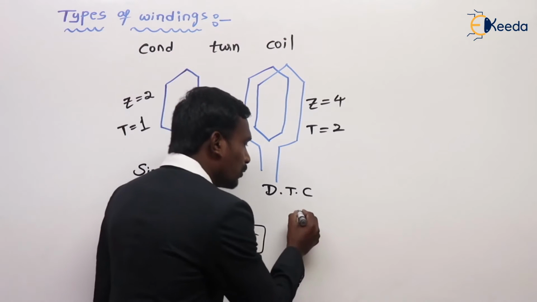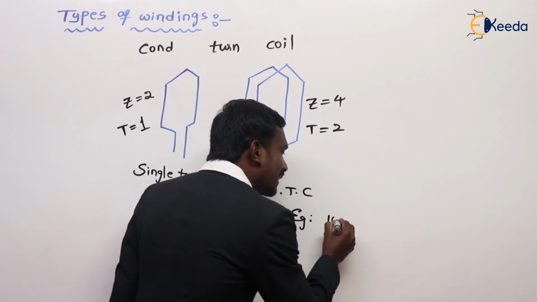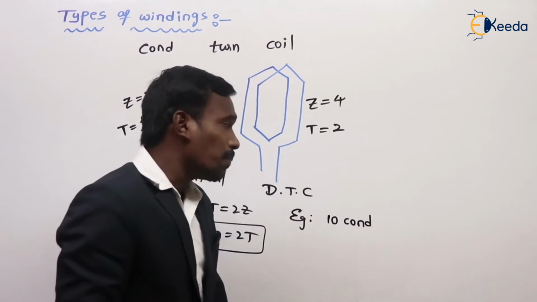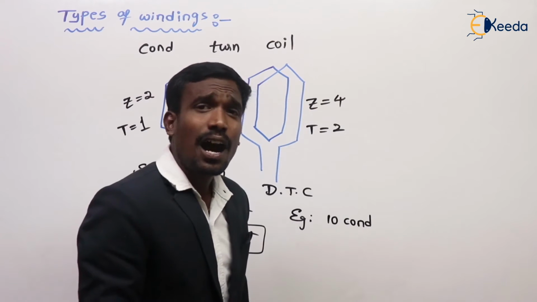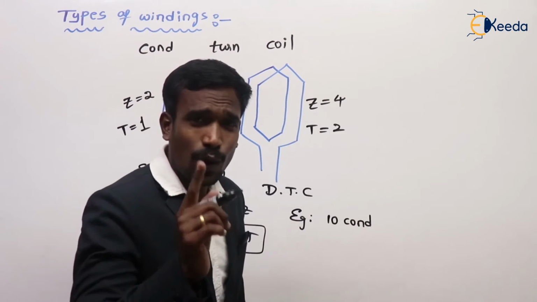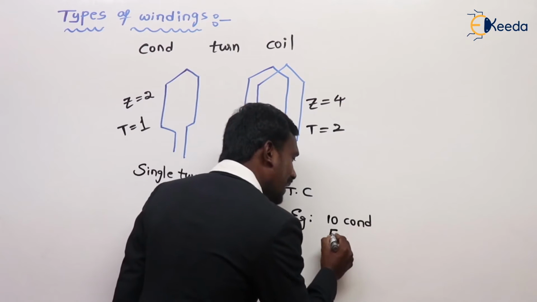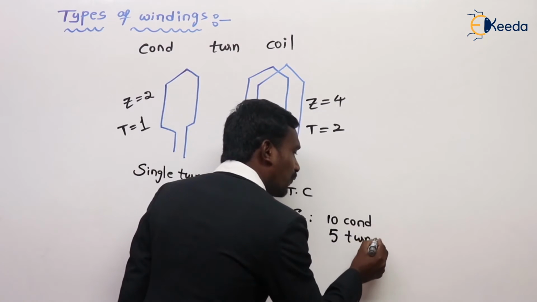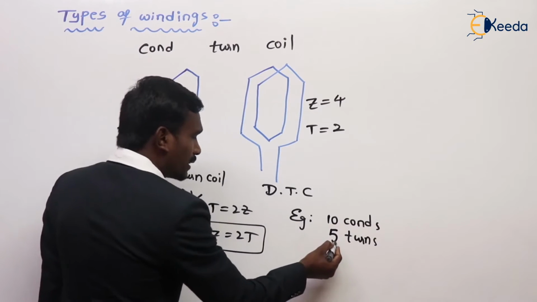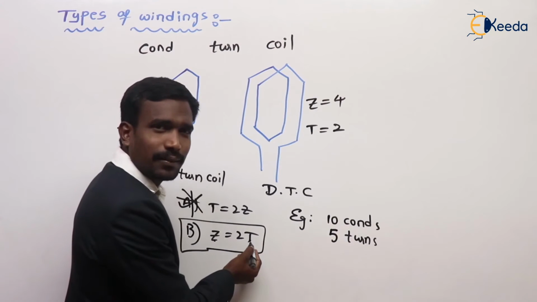For example, I will give you one example. I have 10 conductors. By using these 10 conductors, how many turns can we make? One turn, two conductors. Here 10 conductors are there. So we can make 5 turns. 5 turns. Yes or no? So substitute here, T is equal to 5. If T is equal to 5, Z is equal to 10.